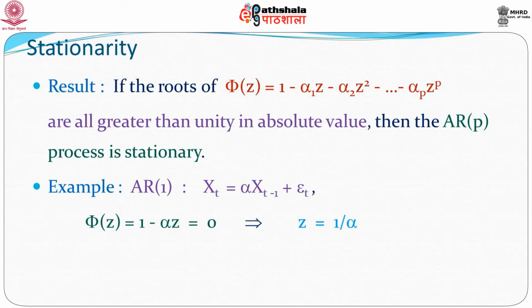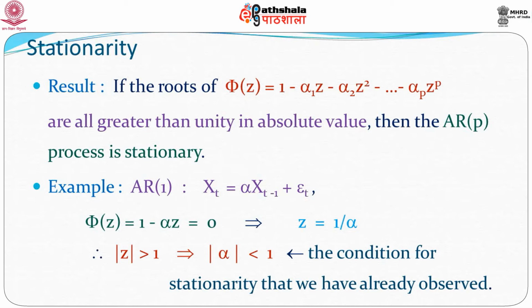And now, what does the stationarity condition say? It says that the root must be greater than unity in absolute value. So, we have modulus of z greater than 1, which implies, and is also implied by, of course, that alpha has an absolute value which is less than 1. And remember that this is the condition for stationarity that we have already seen.